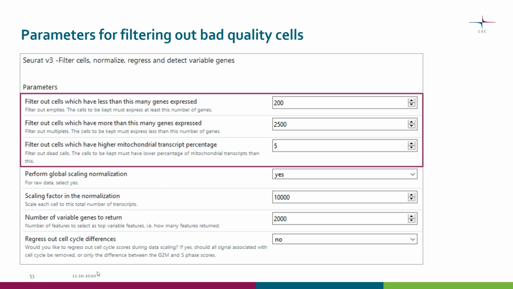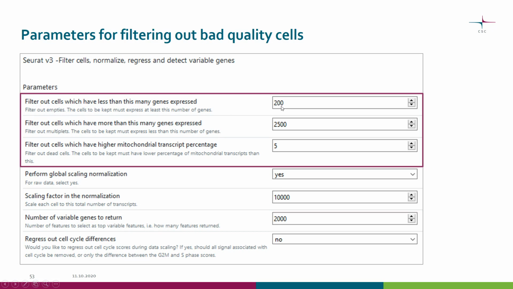And this is the tool where you would do it. This tool actually does many other things as well, which we will discuss later, but now let's focus on these three parameters here. Here you say how you want to get rid of the empties. What is the threshold?